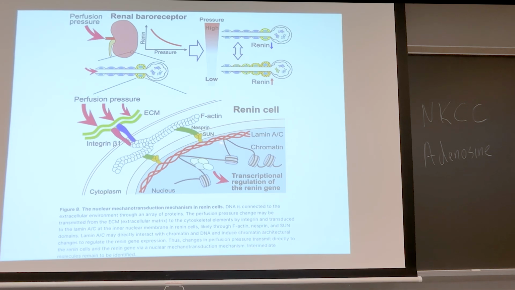Now, the proteins that they found associated with sun are called nesprins. These nesprin proteins are the intermediate. They attach the sun protein on the cytoplasmic side to actin, which is, remember, part of the cytoskeleton. And remember, the actin network is close to the cell membrane and is associated with proteins called integrins, which are, if you remember, part of a protein family that interacts with cell junctions, right?